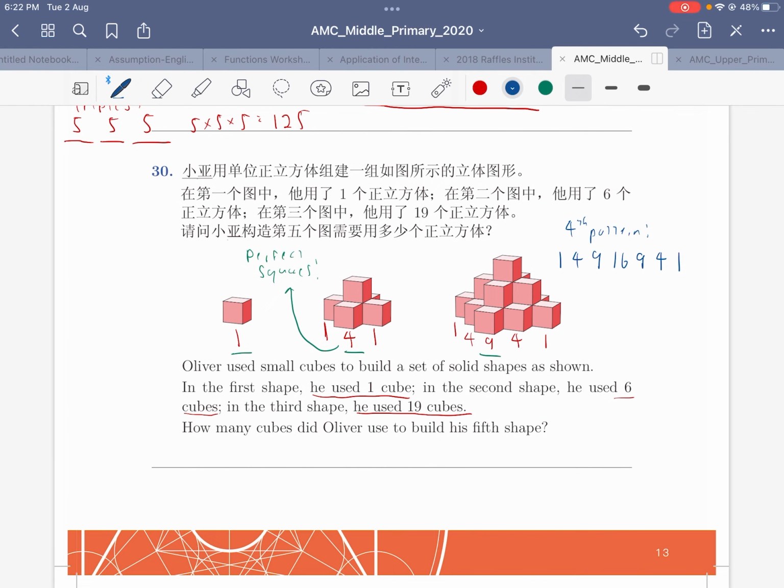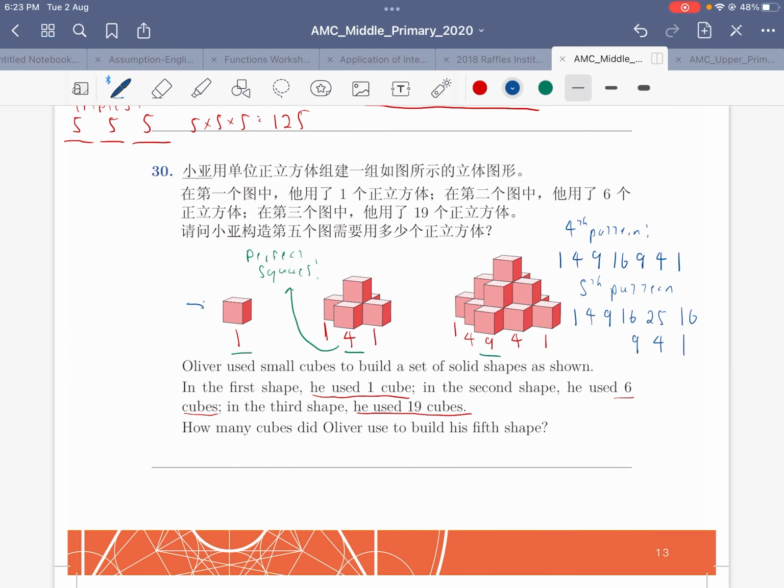The fifth pattern is going to look something like 1, 4, 9, 16, 25, 16, 9, 4, 1. And that's the fifth pattern. And that's the main idea that Teacher Chiw wants to bring you guys to.